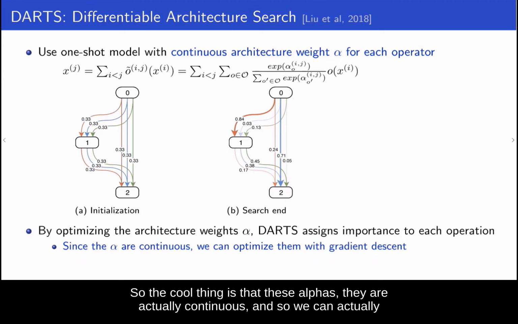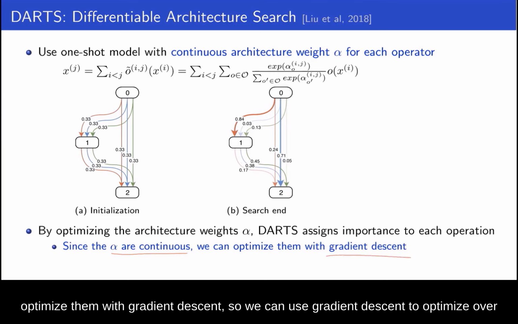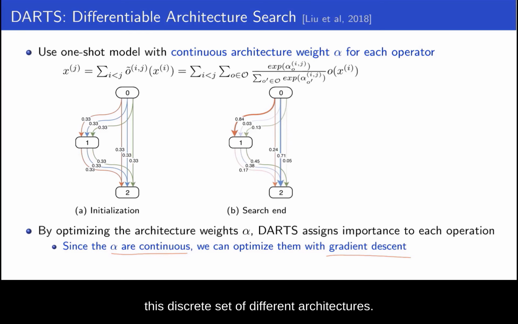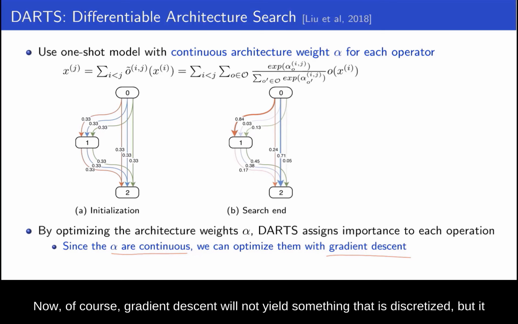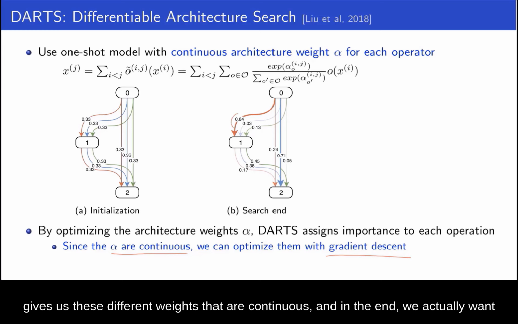All right, so the cool thing is that these alphas are actually continuous, and so we can optimize them with gradient descent. So we can use gradient descent to optimize over this discrete set of different architectures. Now, of course, gradient descent will not yield something that is discretized, but it gives us these different continuous weights.